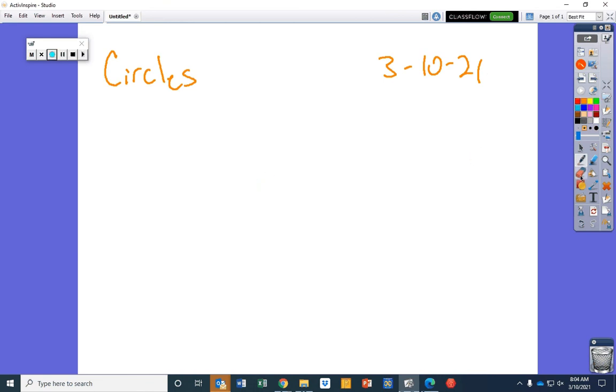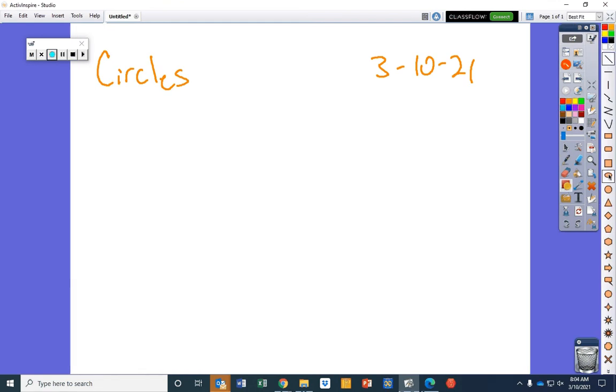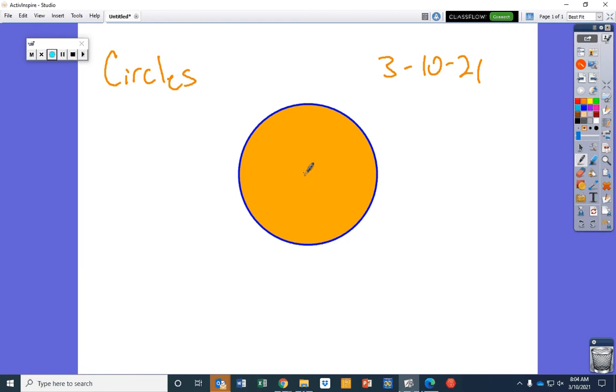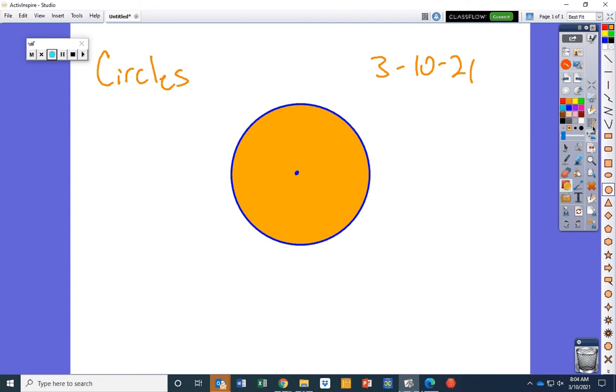A lot of this is review, but some stuff that we already know: the circle has a point in the center. I'll make that a different color. If we go from the center to the outside, actually let me use the dotted line thing.